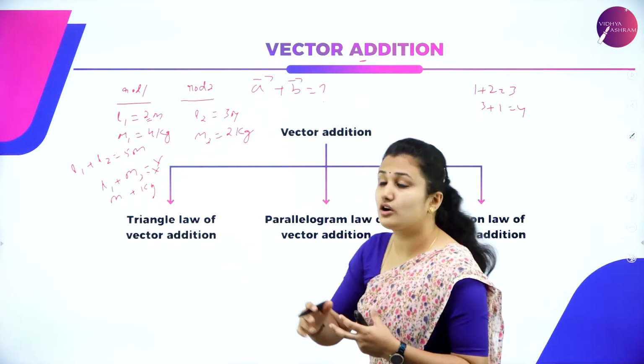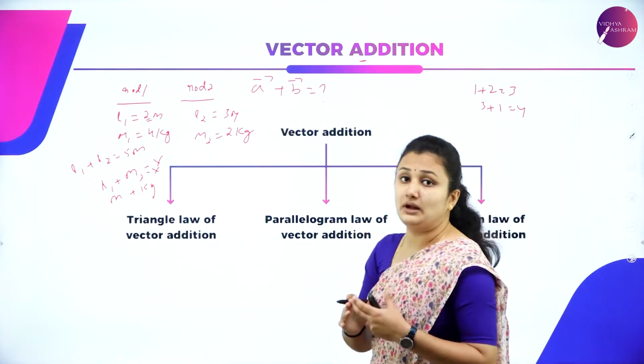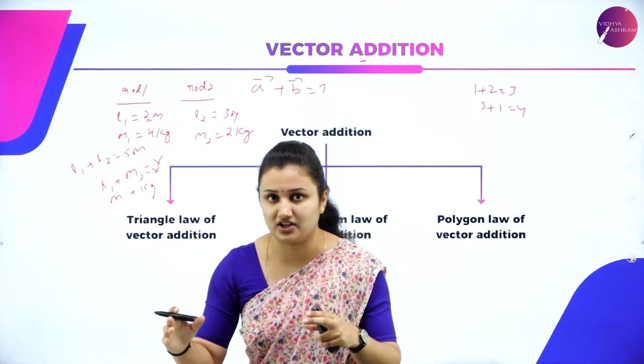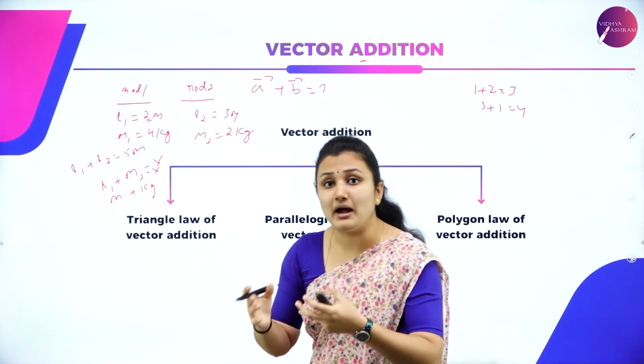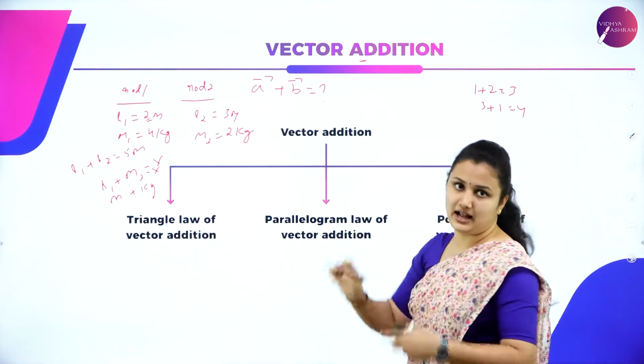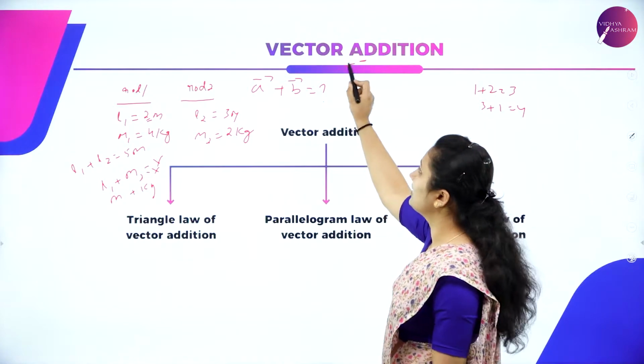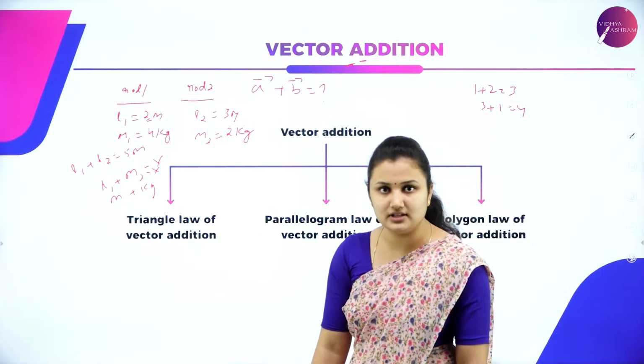Addition of scalar, the magnitude, that is nothing but numerical values, can be added easily. When you talk about vector addition, vector gives both magnitude and direction. Magnitude is a numerical value. If I can add the magnitude, then how will I add the direction? That we will be studying in vector addition in today's session.